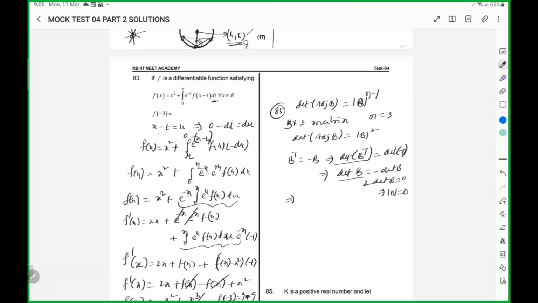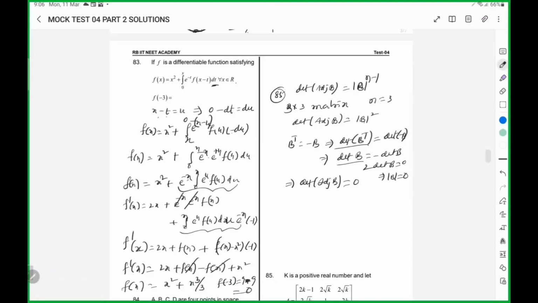Once determinant B is zero, determinant of adjoint B is zero.